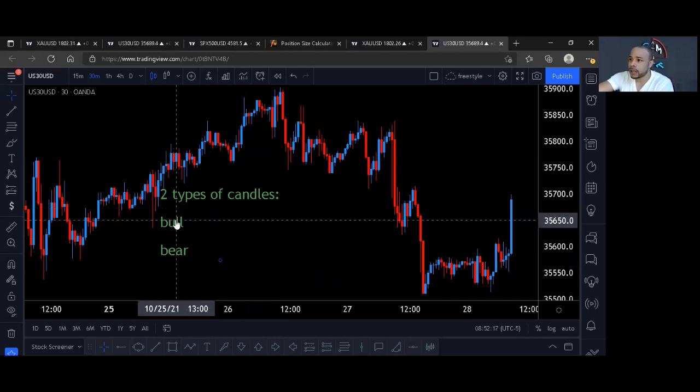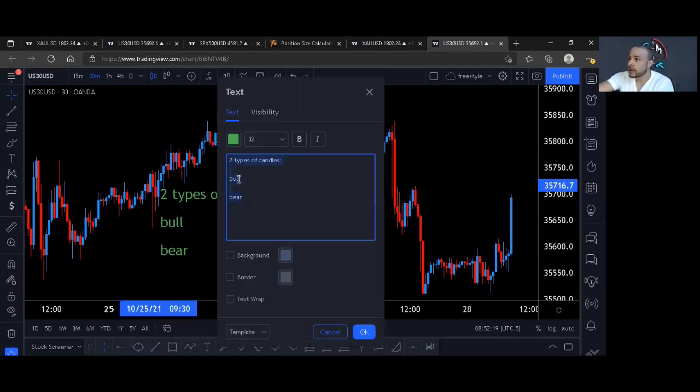My bull candles are going to be represented by what you see here, this light blue color. And then you have my bear candles, which are going to be represented by the red color that you see here.